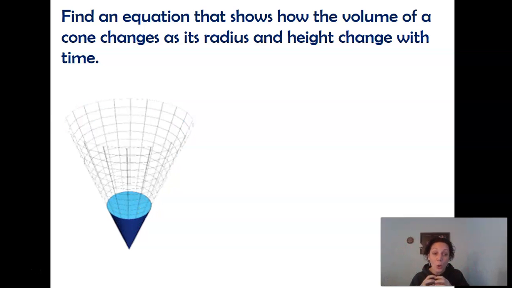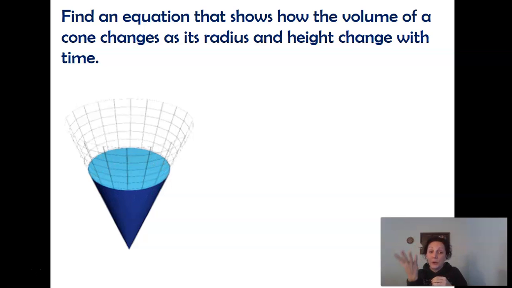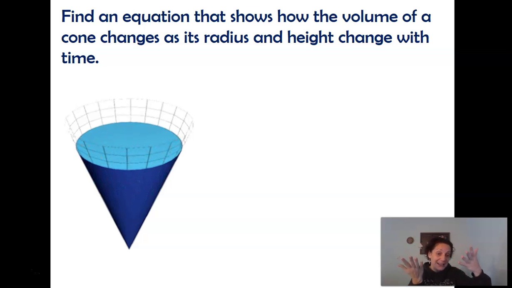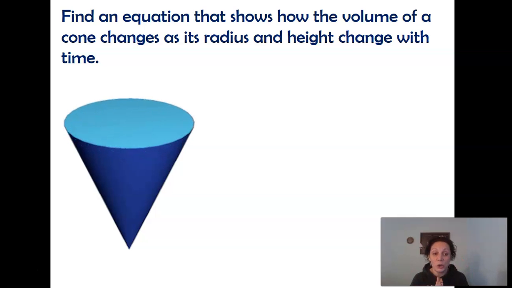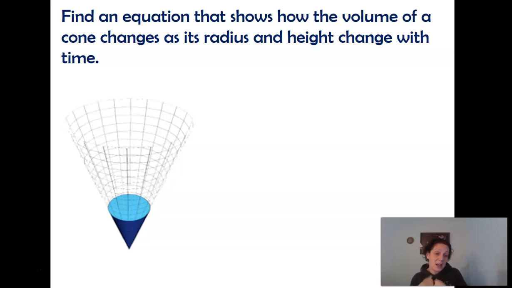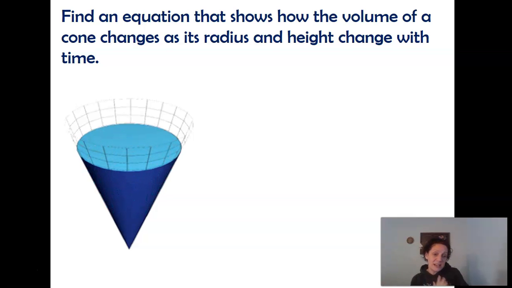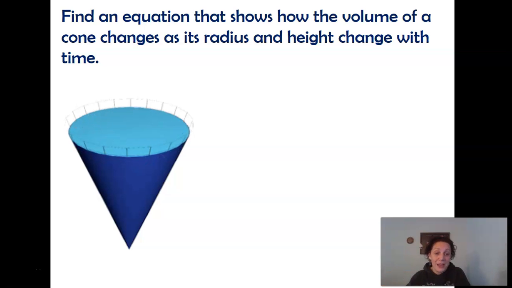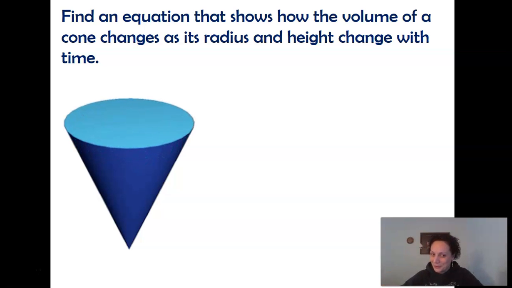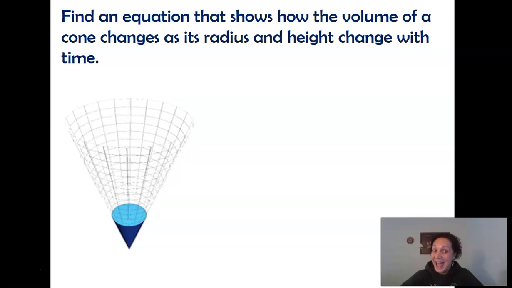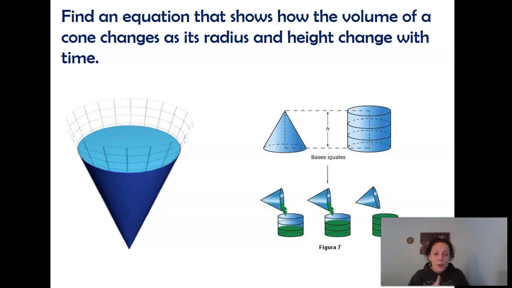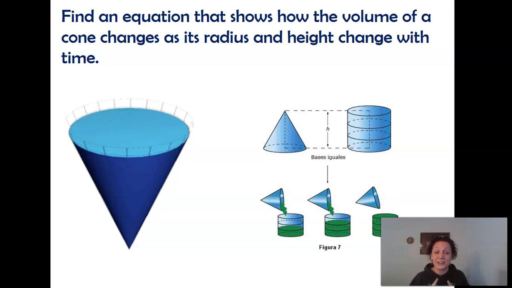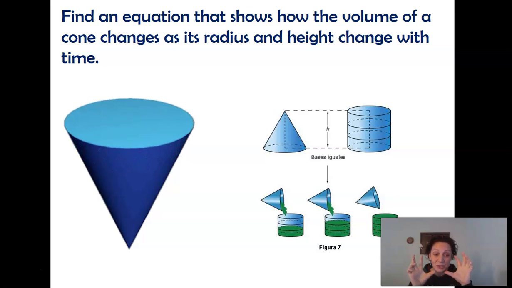Now, we know how to relate the volume of a cone to its radius and its height in a static situation. Like if I say to you, a cone has a height of 20 feet and a radius of 6 feet, you can tell me the volume of that cone because you know the formula for the volume of a cone, right? What we want to do now with calculus is not talk about the static situation.